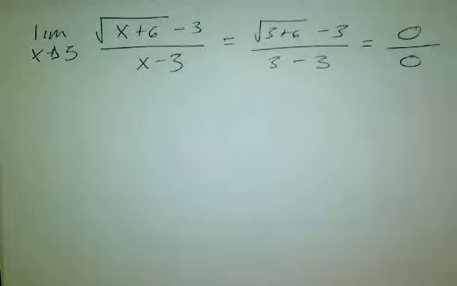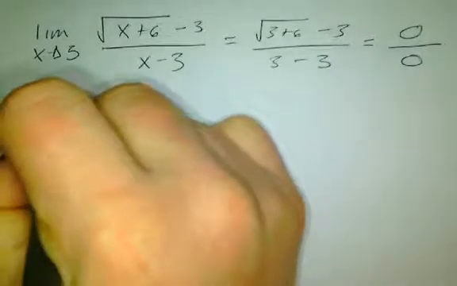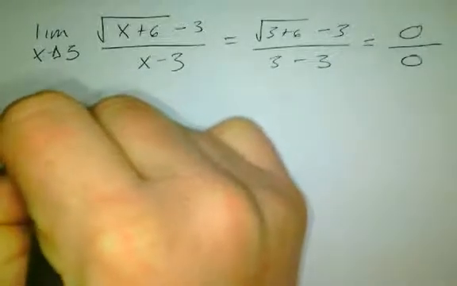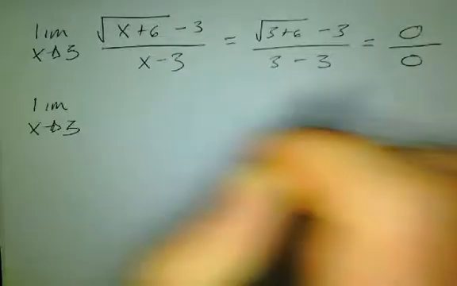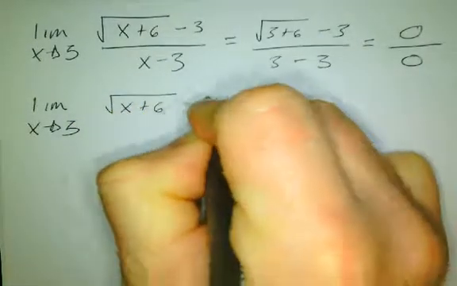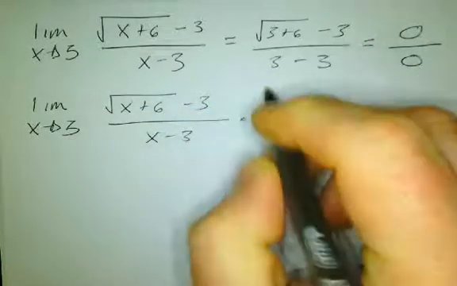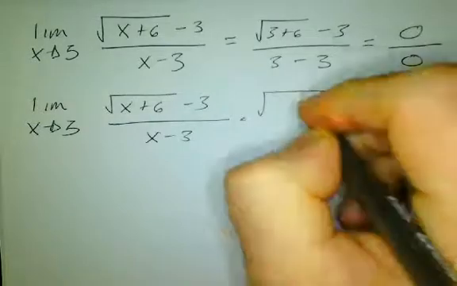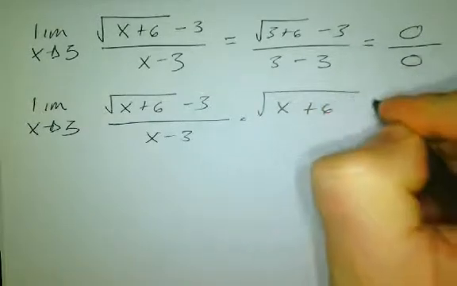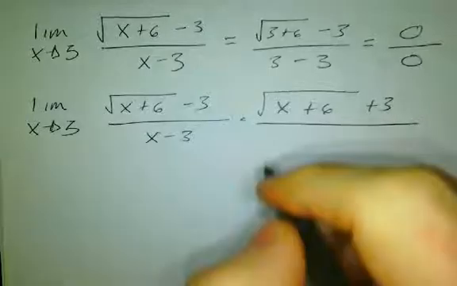Now I'm going to show you how we can do that. We call this rationalizing. And all we have to do is multiply the numerator and denominator by the conjugate of the radical expression.